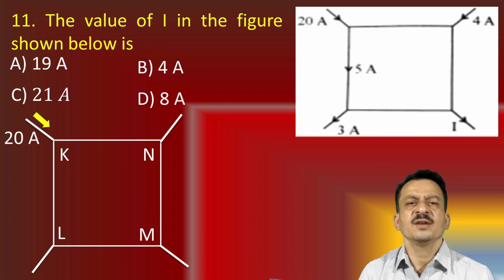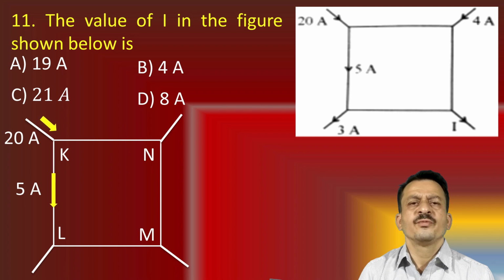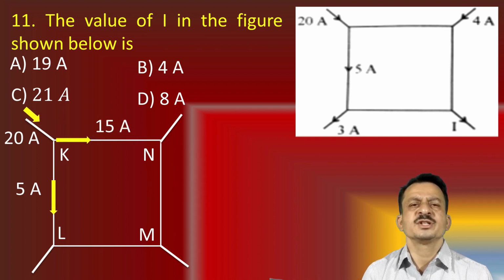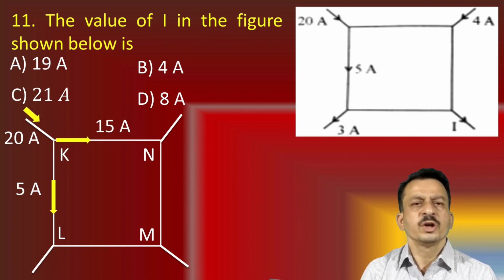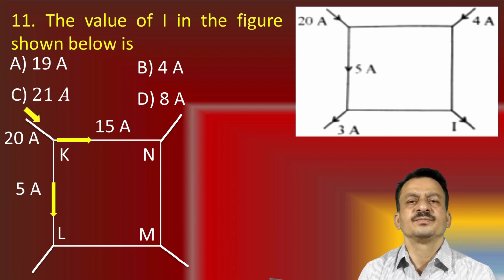As shown in the diagram, 5 amps is leaving from the junction K towards L. According to the junction rule, the current through the other arm, KN, is 20 minus 5, that is 15 amps. Therefore 15 amps of current is flowing towards the junction N.